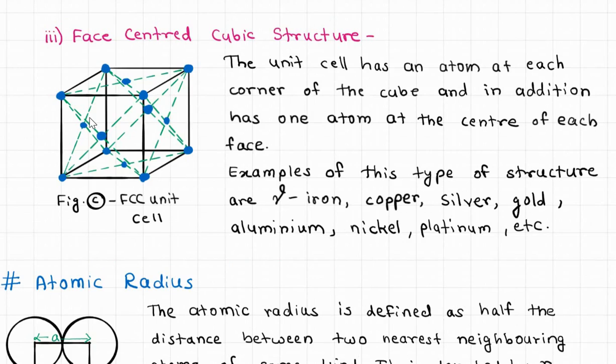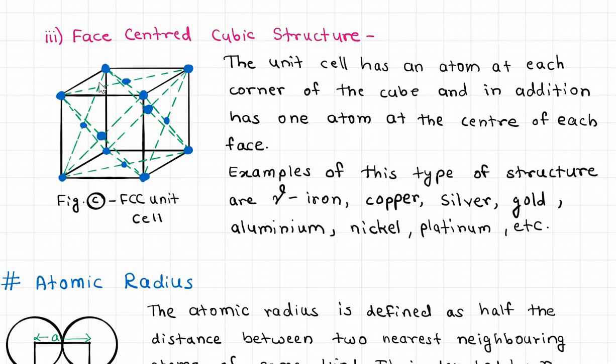Next is face-centered cubic structure. In this type of crystal structure, the unit cell has an atom at each corner of the cube and in addition has one atom at the center of each face. See, these atoms are placed at the center of each face of the cube.